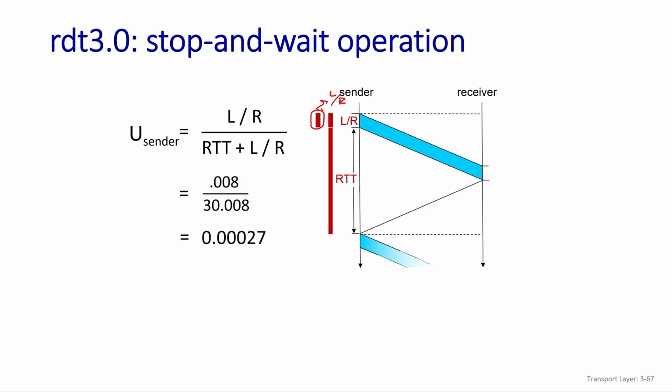So L by R is 8 microseconds, that is 0.008 ms, divided by the total time, 30.008 ms. From where did we get this 30?